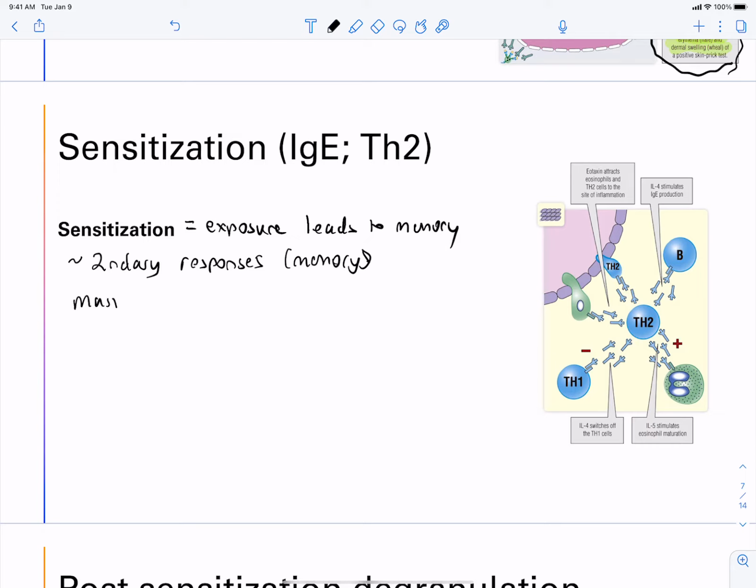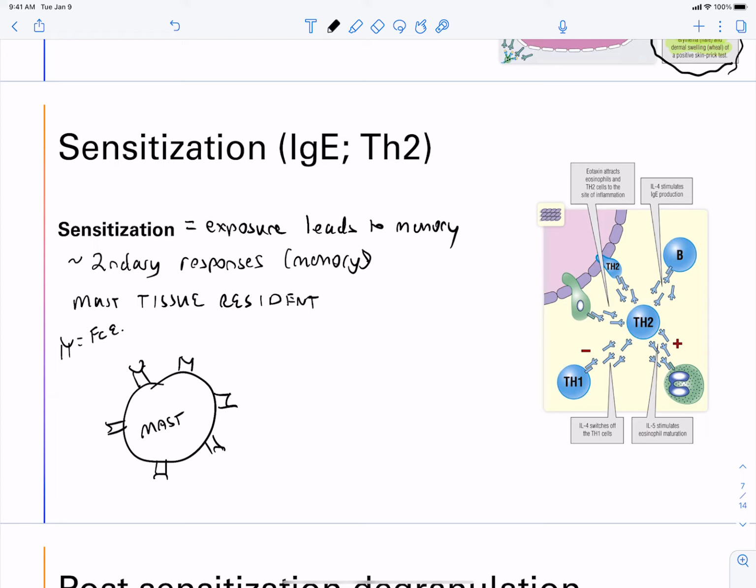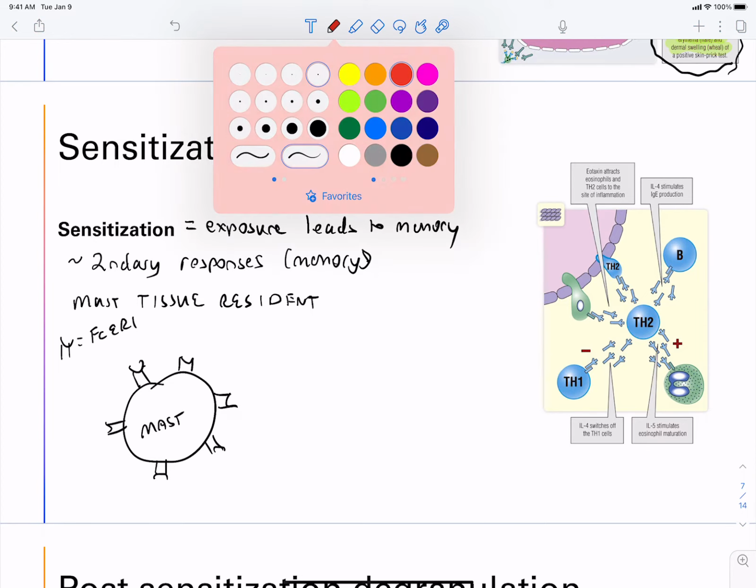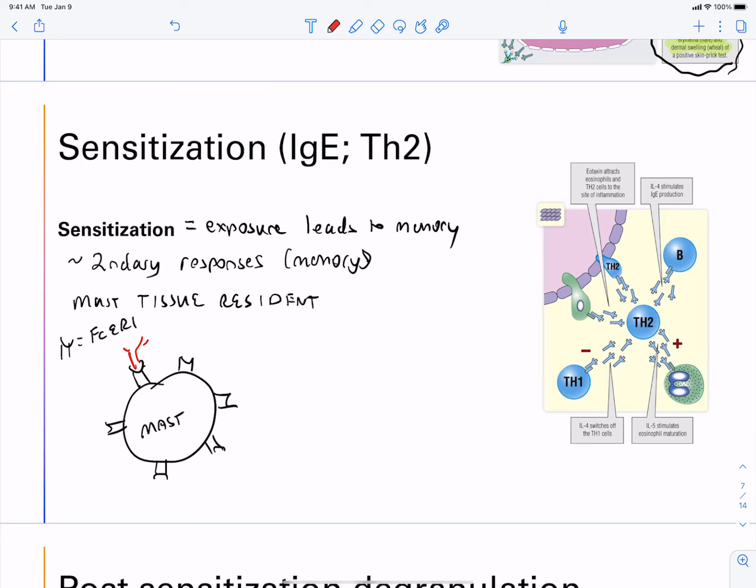And keep in mind that a mast cell is tissue resident. And it will hang out in the tissues. And it will have on its surface its Fc epsilon receptor. And then attached to this Fc receptor is going to be various IgEs.